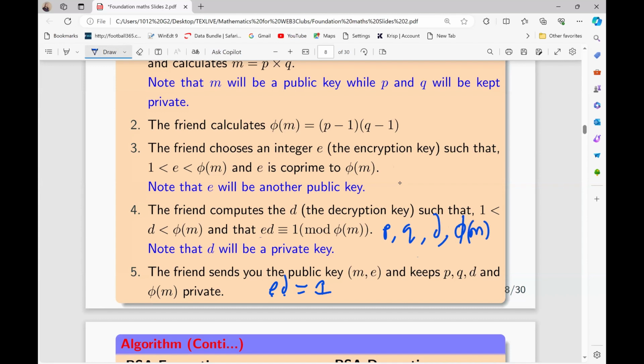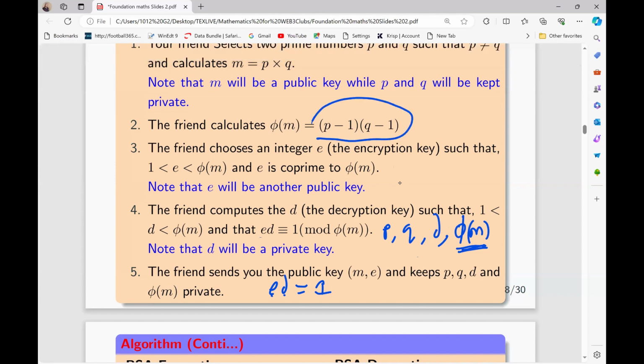Because if anybody gets access to this phi of M, knowing that phi of M comes from these two prime numbers, and using this formula, somebody is likely to maneuver and find what P and Q are. So phi of M is also supposed to be private.